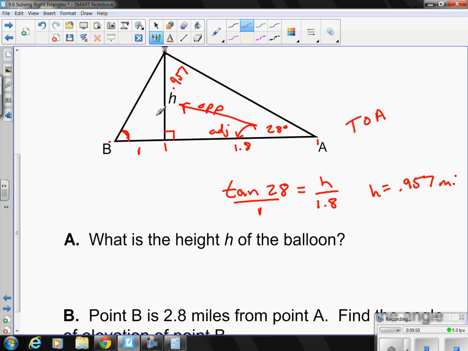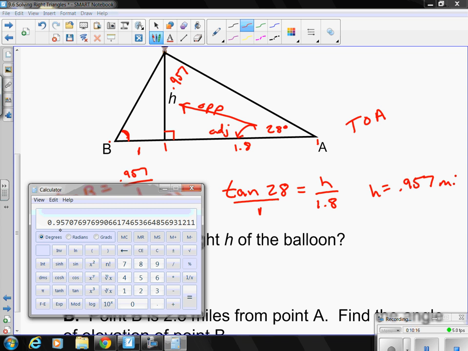Once again, opposite over adjacent. So the tangent of angle B equals the opposite, 0.957, that side length, over adjacent. So when we want to find an angle, we have to use the inverse tangent of 0.957 divided by 1.